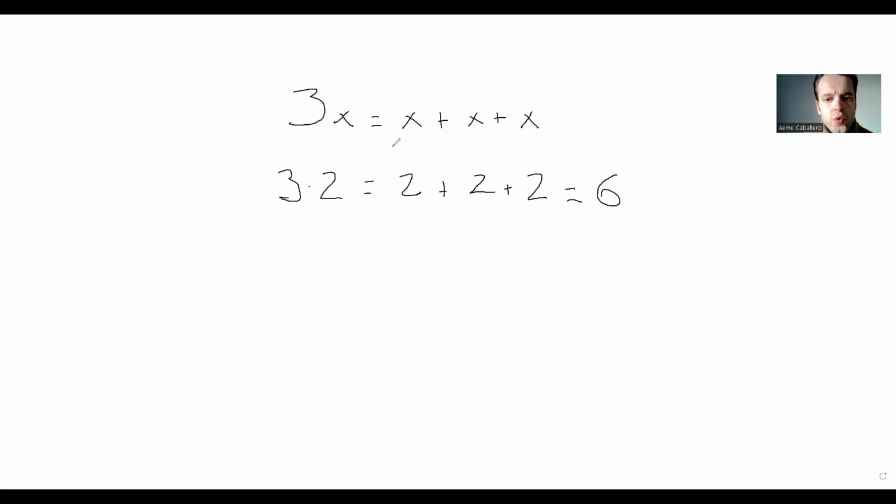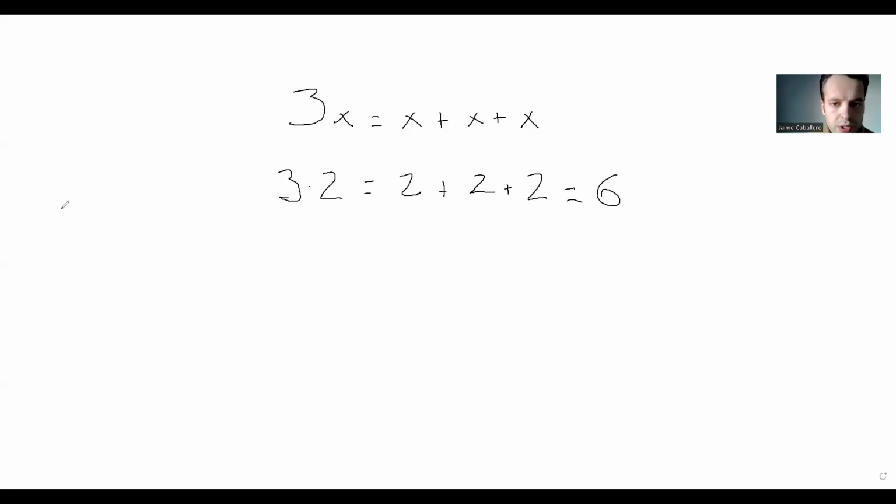So this makes it really convenient and fast to operate with a placeholder or variable like x. The number that multiplies it is the number of times we're adding it to itself.